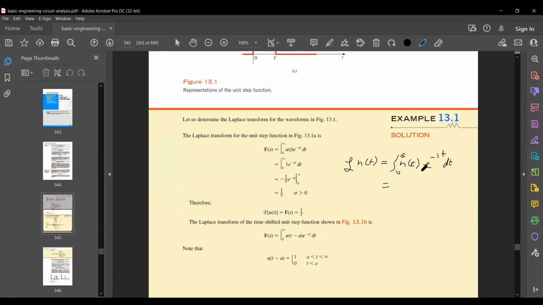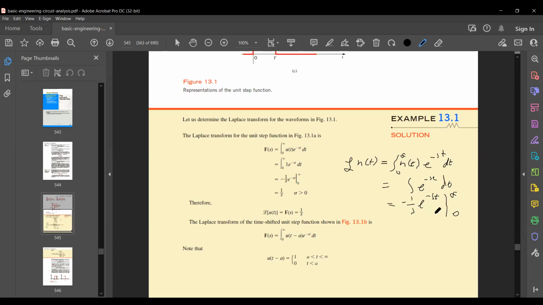If we integrate e raised to negative st dt, this is equivalent to negative 1 over s times e raised to negative st. This is the integral of e raised to negative st dt, and then you apply the limits from 0 to infinity.